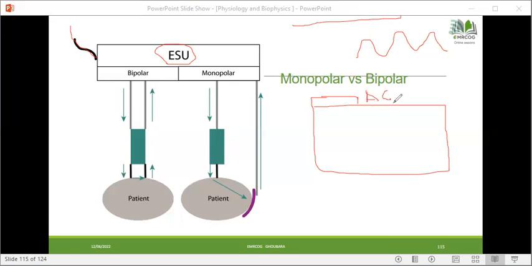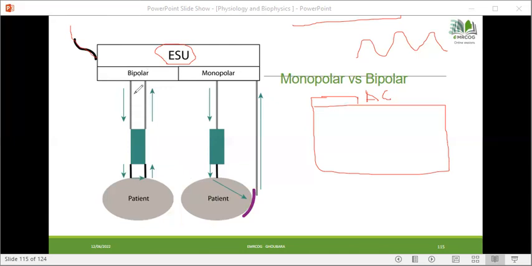This is for one. Second thing, I'm going to change this low voltage to high voltage, then transmit it through a cable. This cable will end in 2 probes or 1 probe. If it ends in 2 probes, we call it bipolar diathermy.